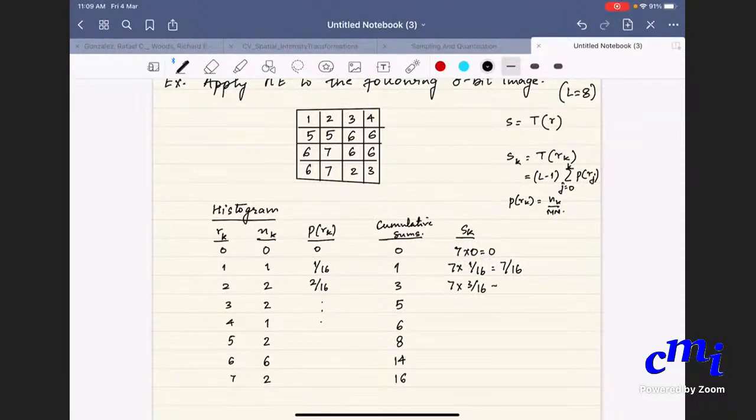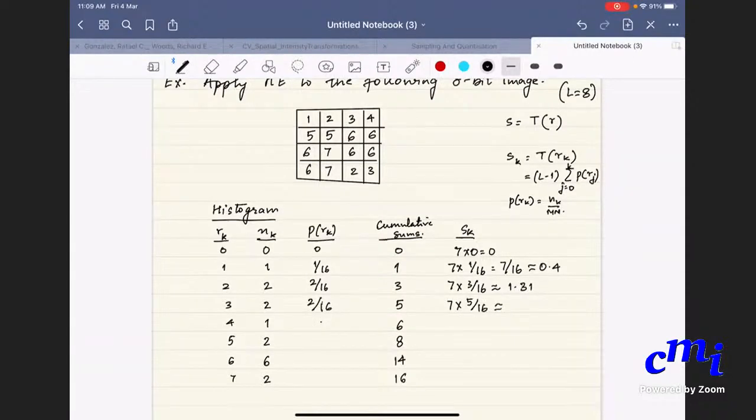I've calculated these values. This is approximately 0.4. This comes out to 1.31, and so on. The next value here would have been 2 by 16, so if you add the first 3, that's going to be 5 by 16.